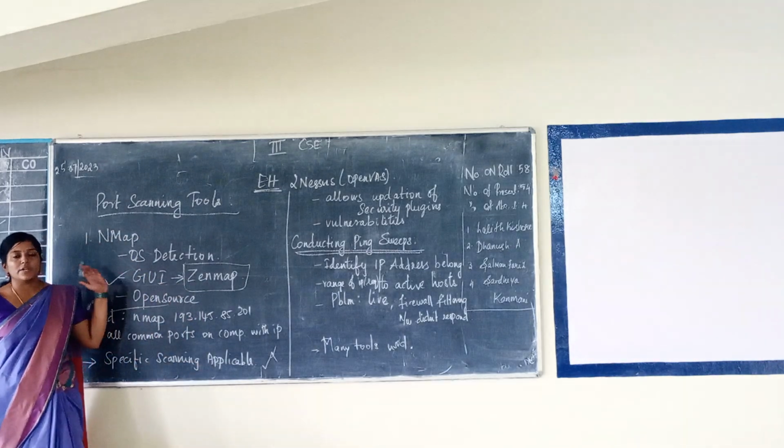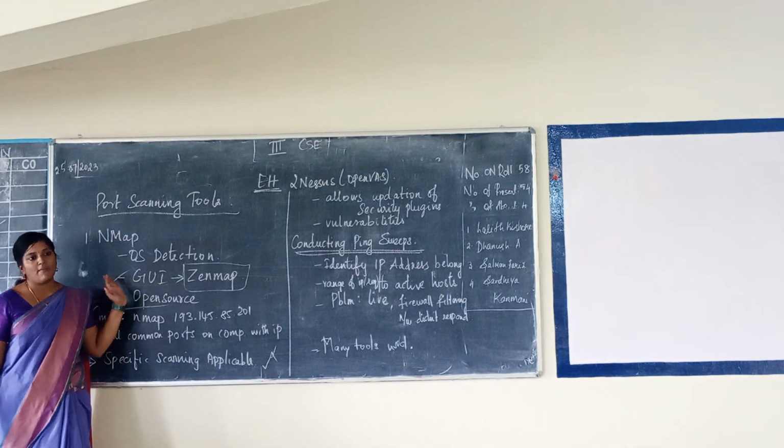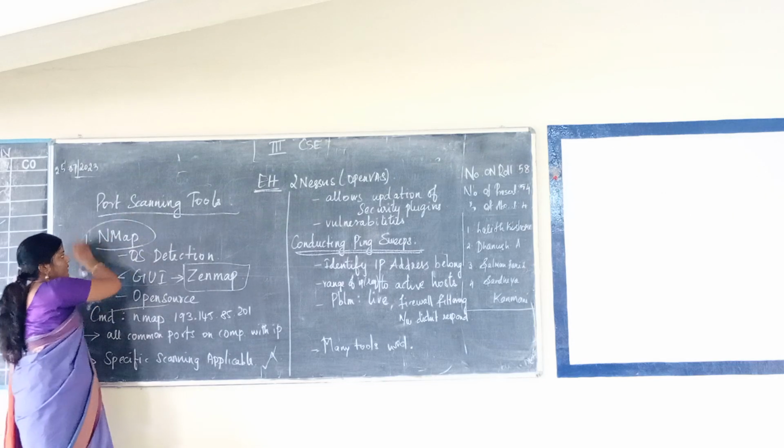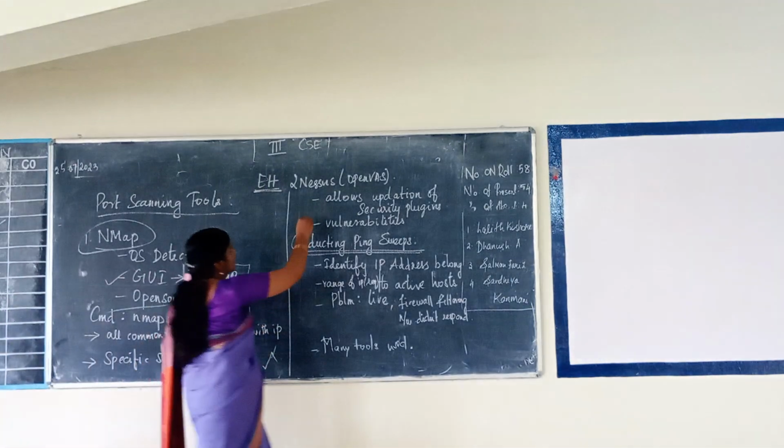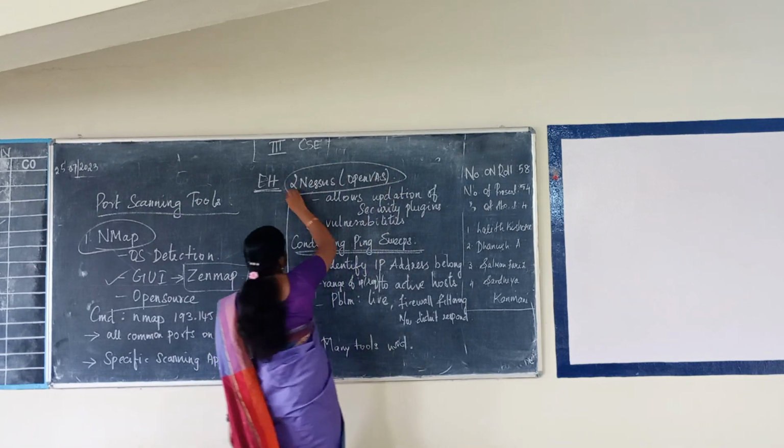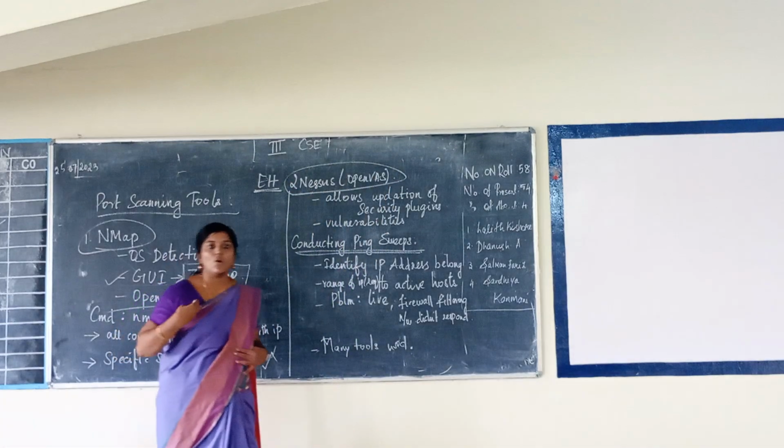So the first tool, commonly used nowadays, is Nmap. The second one is Nessus, or we can call it OpenVAS.